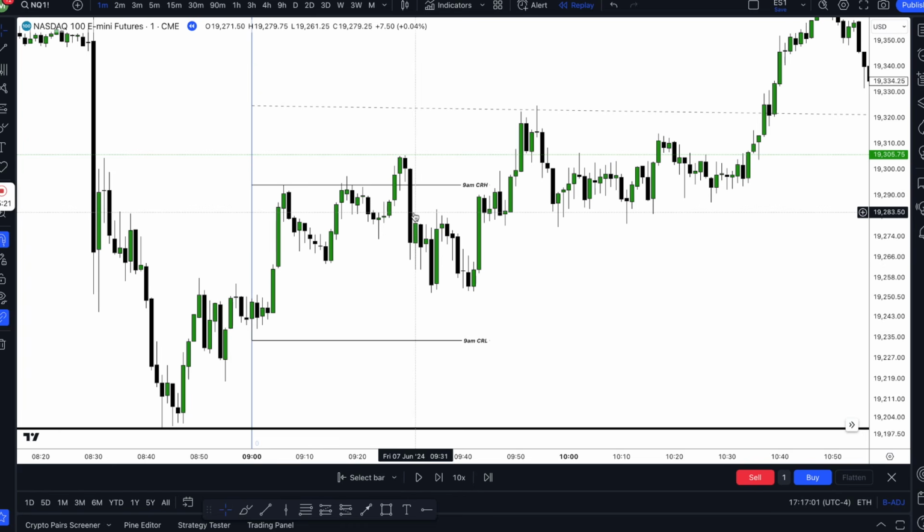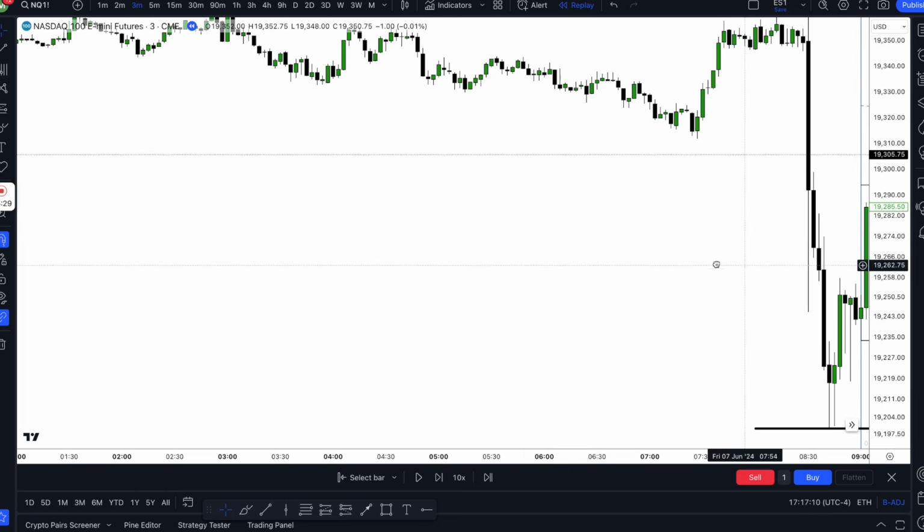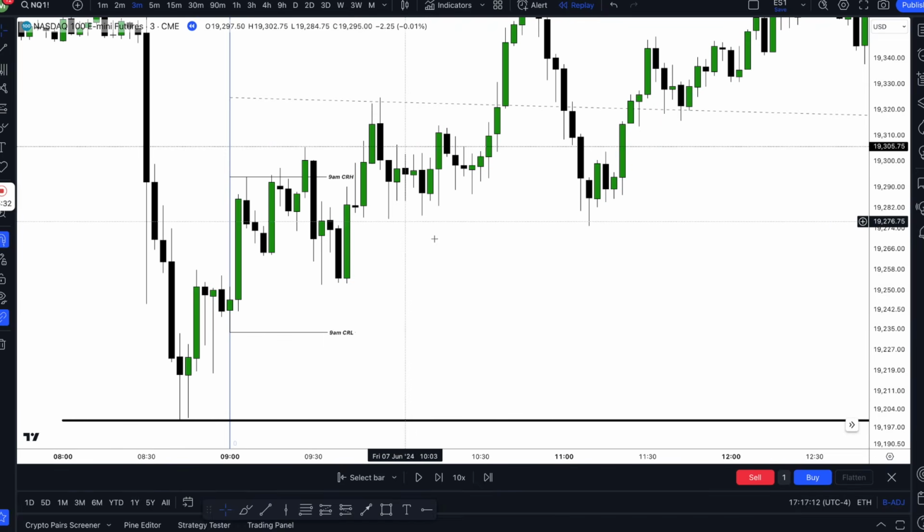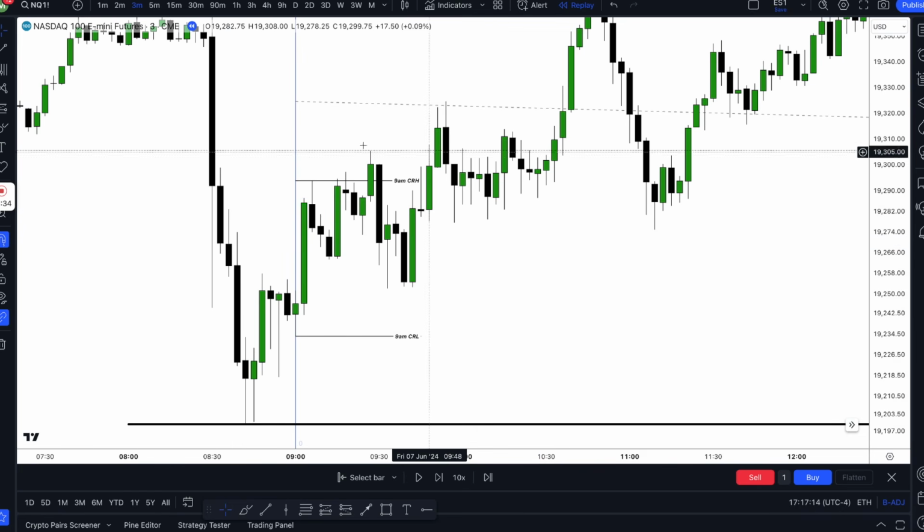Broke down below. If you would have entered, this would have been a turtle soup on a 3 minute. And if you took this trade right here for value gap turtle soup, your target would have been the midpoint.